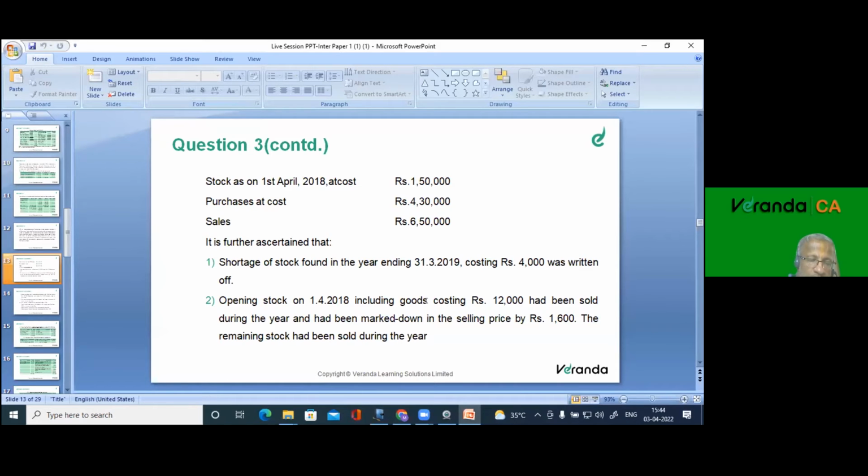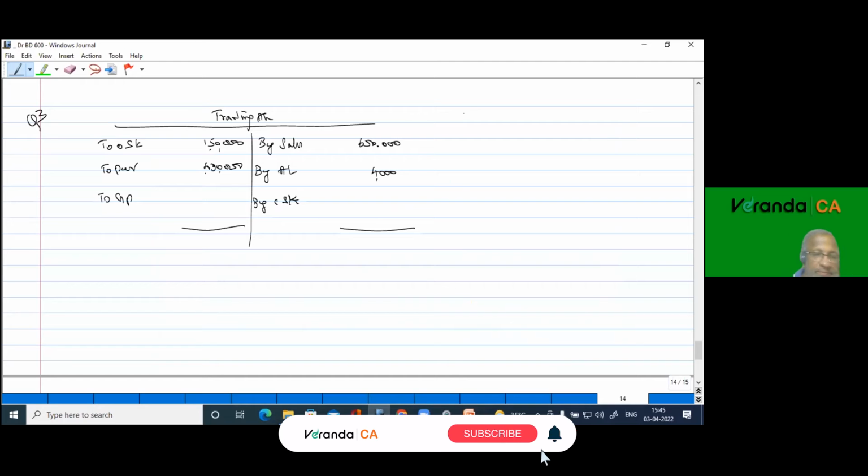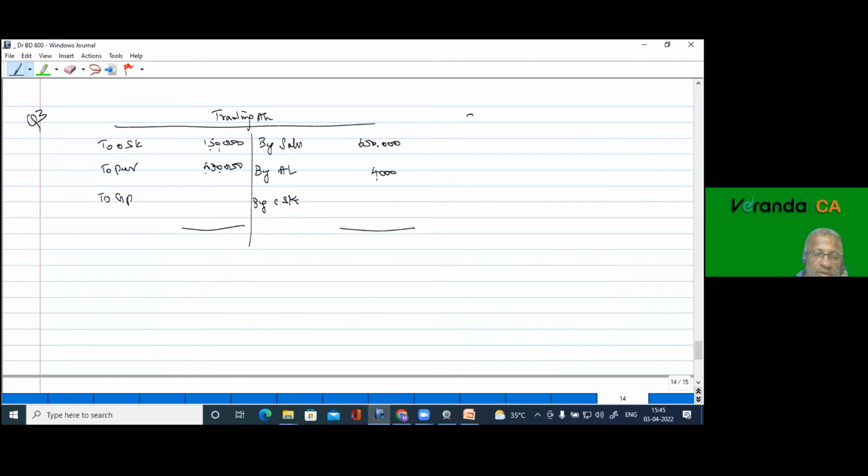Opening stock, including goods costing 16,000 that has been sold, has been marked down by 1,600. The remaining stock was sold during the current period, is what they mentioned. So we find the sales figure is 6,50,000, which is a reduced figure, reduced by markdown.